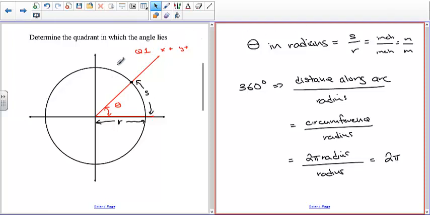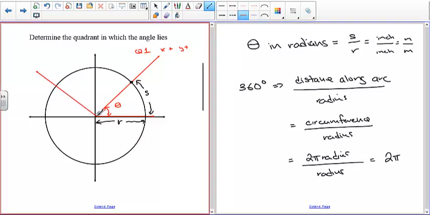Okay, so let's go back to this quadrant. If I have this second ray pointing somewhere in this part of the graph, we call this quadrant 2. Here x is negative and y is positive.